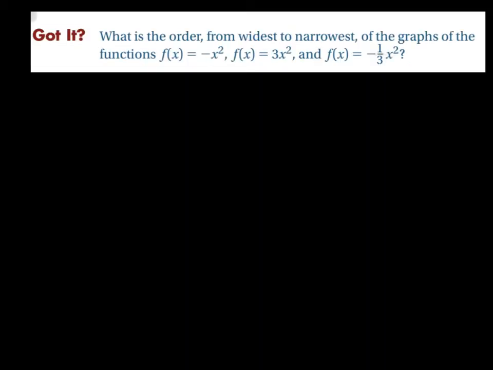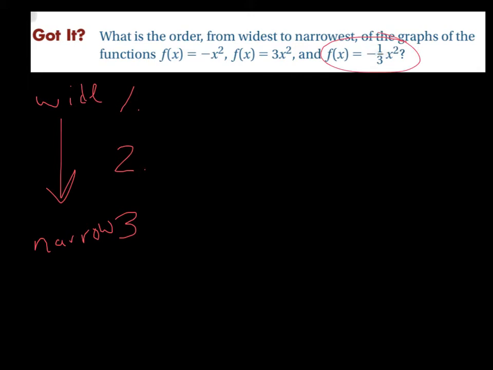Okay? So take a minute and look at these three functions and see if you can put them in order from widest to narrowest. 1, 2, and 3. Okay, going from wide down to narrow. Okay. Well, the widest function would be the one with the smallest number between 0 and 1. Okay, so we're looking down here at that -1/3.